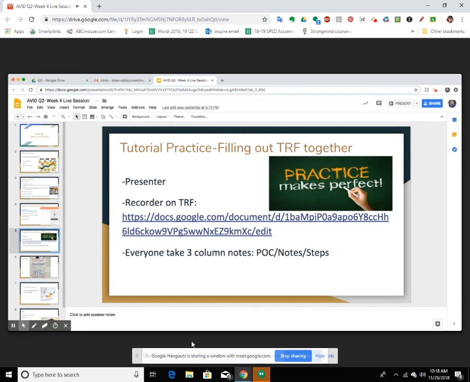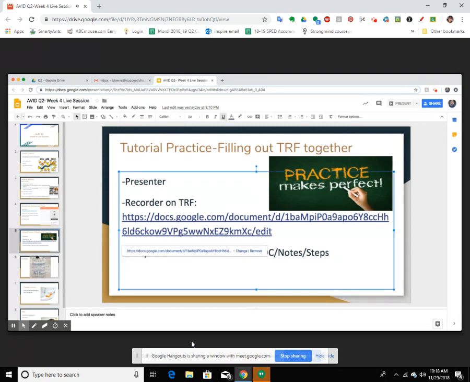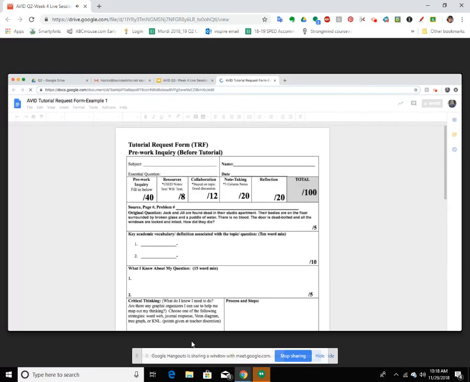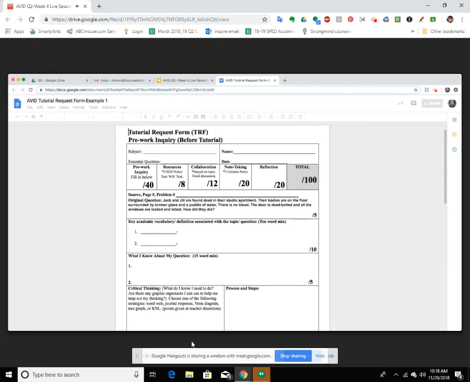So let me show you real quick what our TRF is going to look like for this. So this is the TRF. The question that you guys have come in with is, Jack and Jill are found dead in their studio apartment. Their bodies are on the floor surrounded by broken glass and a puddle of water.